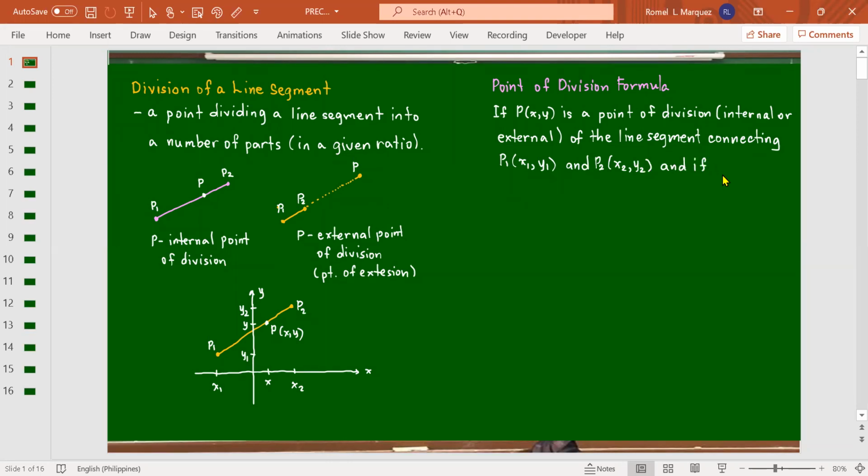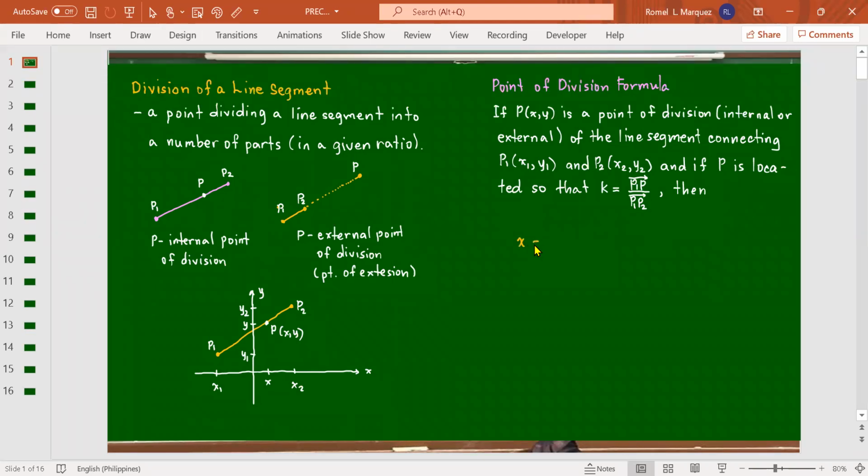And if P is located so that K is equal to P sub 1 to P, taken directed, over P sub 1 to P sub 2, taken also as directed, then the coordinates of the point of division are given by the following formulas.